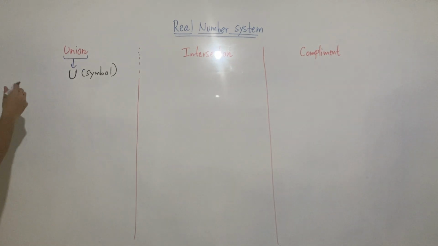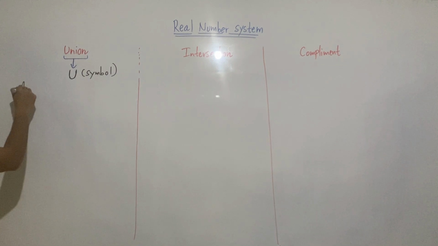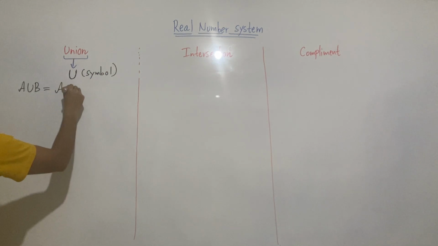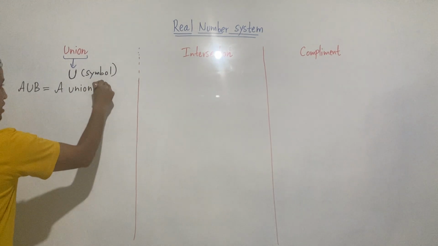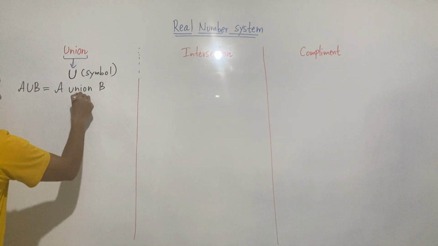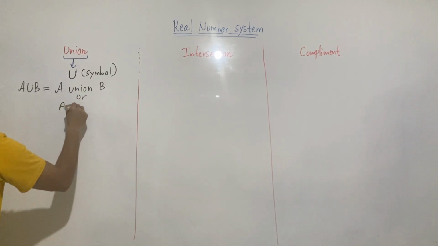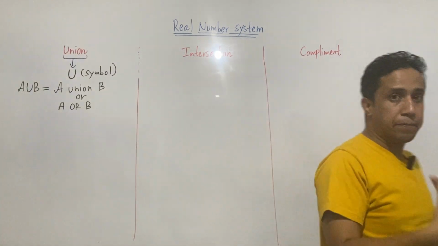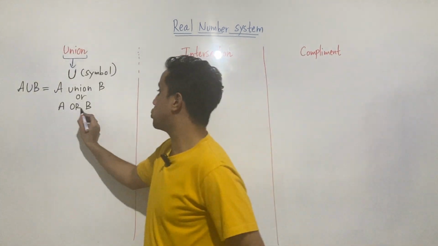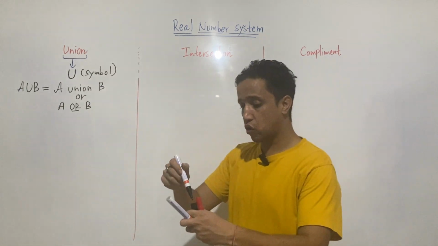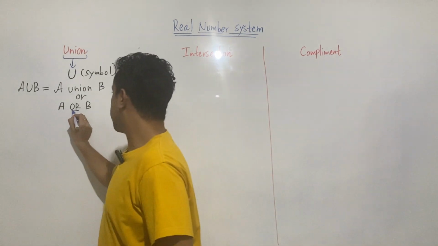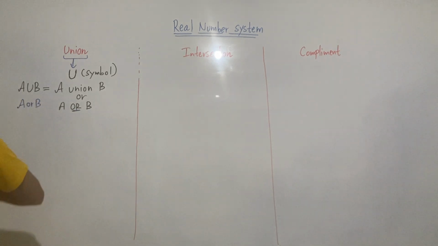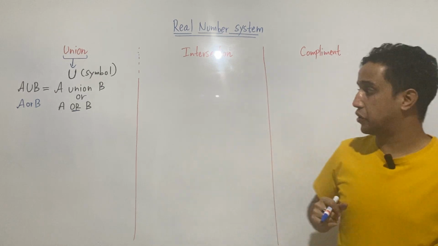For example, if I have to find the union of A and B, I read it as A union B, or A or B. So union is represented by the English word or. It means A union B, or A or B. I hope this is clear to you.